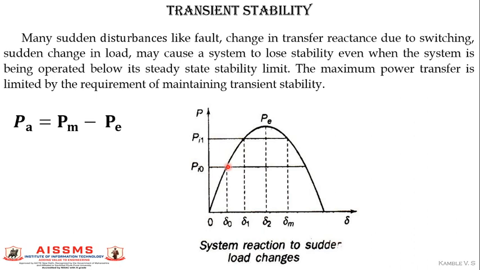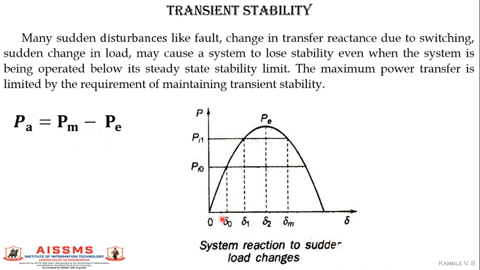Now let us say there is a sudden change in mechanical input. Whenever there is a sudden change in the mechanical input, PM is going to increase. PM will be higher than PE.